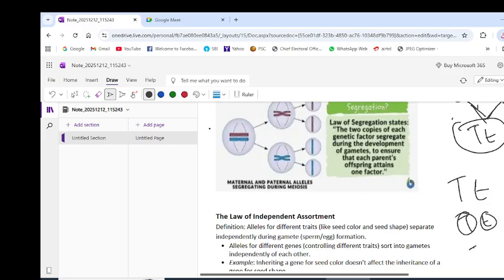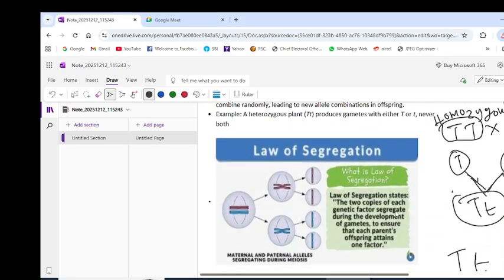But they will not transfer as a pair. The alleles never transfer as pairs. They will transfer in single form. Only one allele is transferred from parents during gamete formation. So the law of segregation states that a heterozygous plant produces gametes with either capital T or small t, never both.